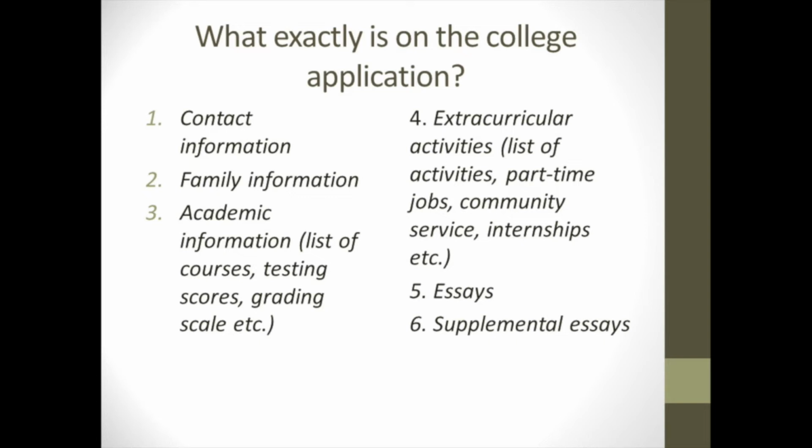So that's a list of activities that you've done in school, clubs, sports, the musical, anything to that effect. Also, if you've had any type of part-time jobs, you've done community service, if you've done any internships, etc. There also is oftentimes a place where you can submit your essays and supplemental essays as well.